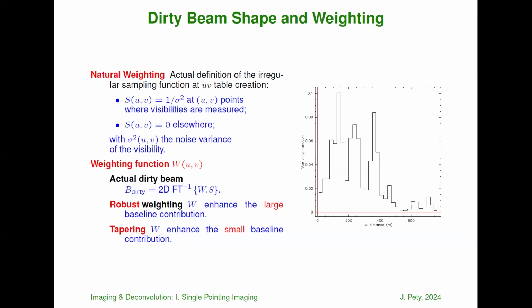Here I'm showing the sampling function for one experiment as a function of the UV distance. You see that the sampling function is oscillating, but more importantly, it's pretty large in the inner part of the UV plane and pretty small in the outer part of the UV plane.